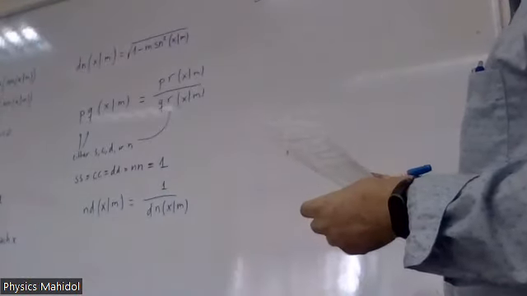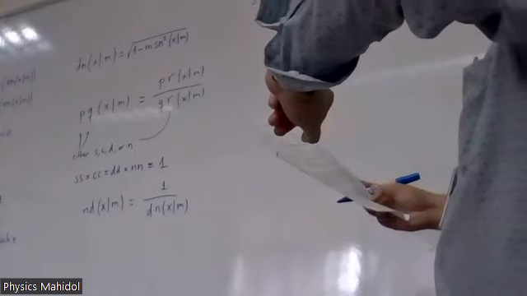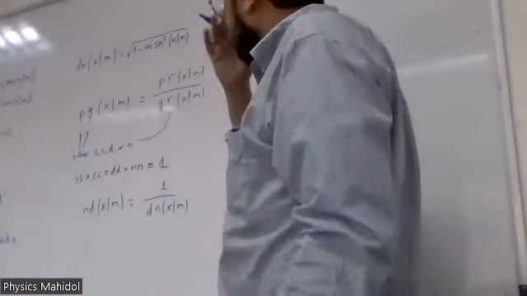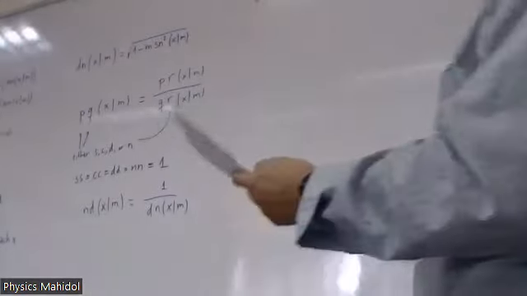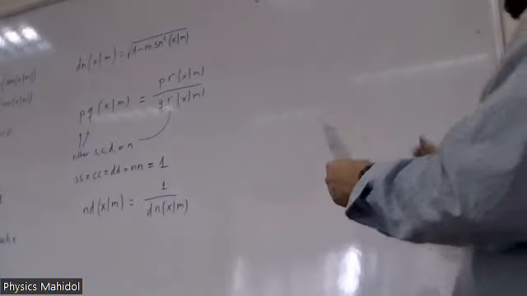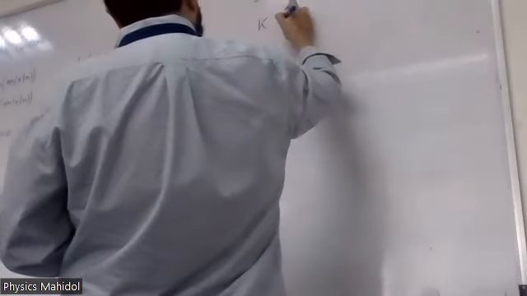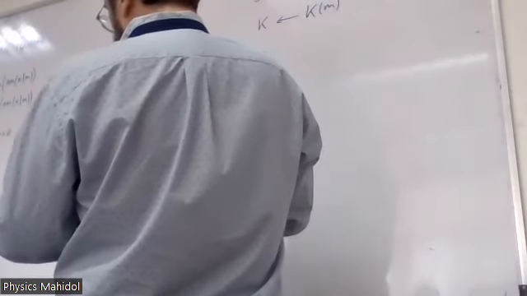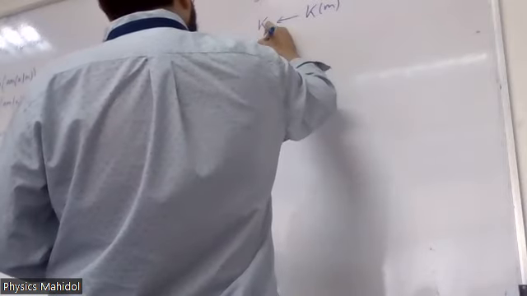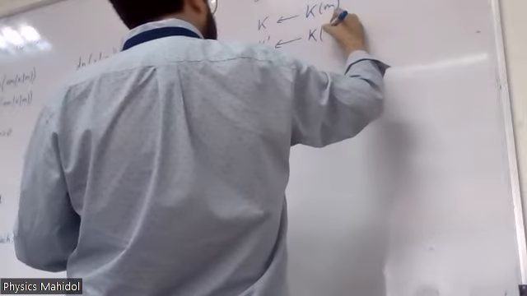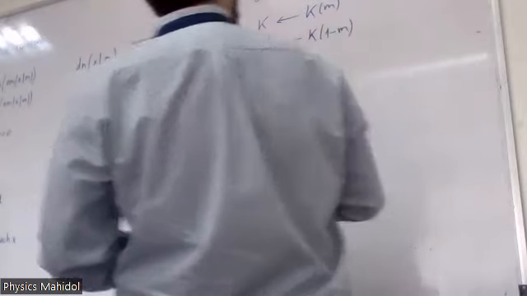And let me mention the double periodicity. But because I told you before, I can just give you the values. So let me write k as k of m, and let me write k prime to mean k evaluated at 1 minus m.